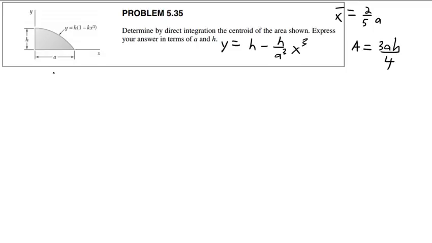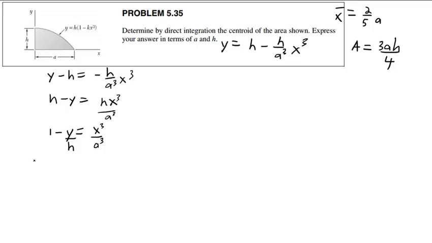So then, let's say y minus h equals negative h over a to the third x to the third. So I'm just solving this for x basically. h minus y equals h x to the third over a to the third. 1 minus y over h equals x to the third over a to the third.